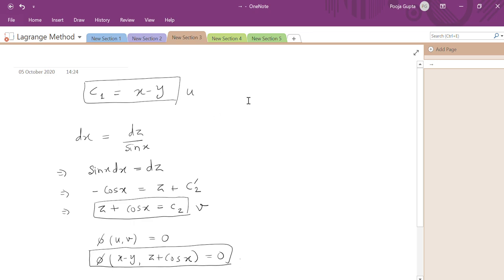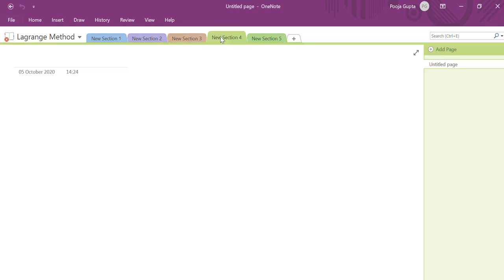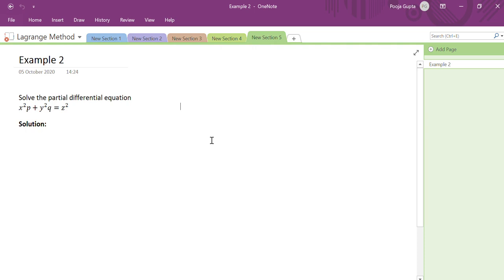Let's see one other example. The question is, solve the partial differential equation x square p plus y square q is equal to z square.